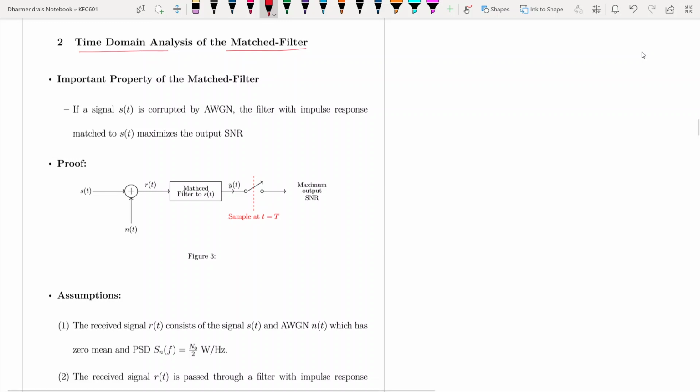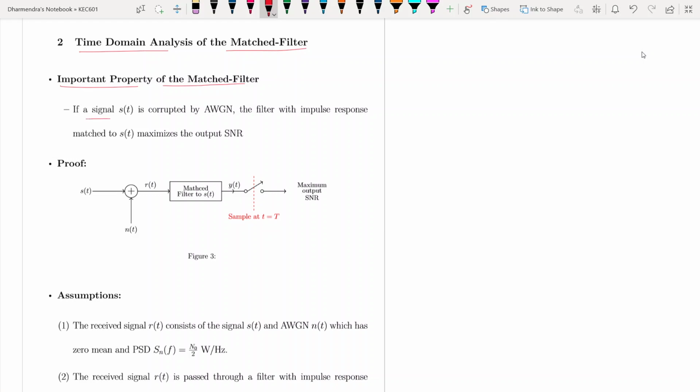One of the important properties of the matched filter is this: we are discussing one-dimensional matched filtering type demodulators, meaning x of t is binary, just for mathematical convenience.